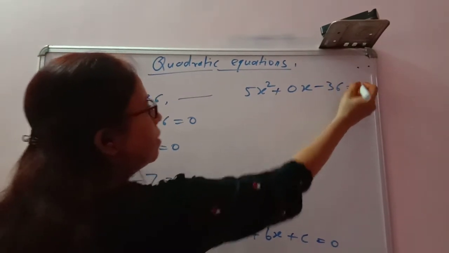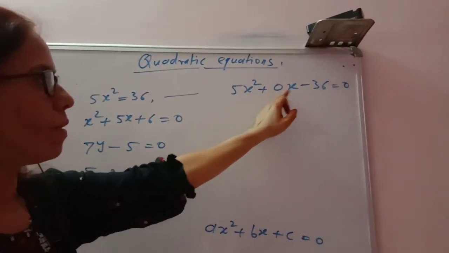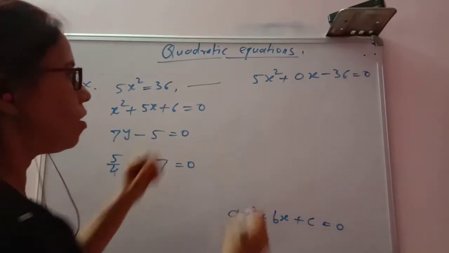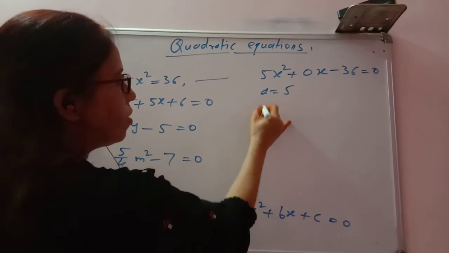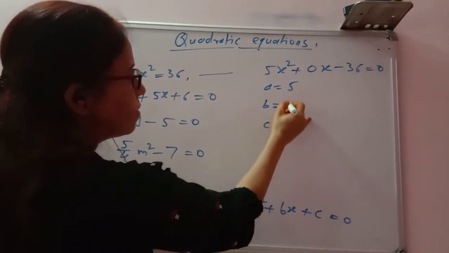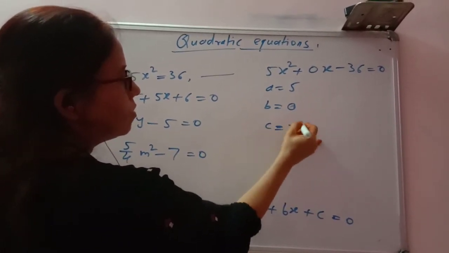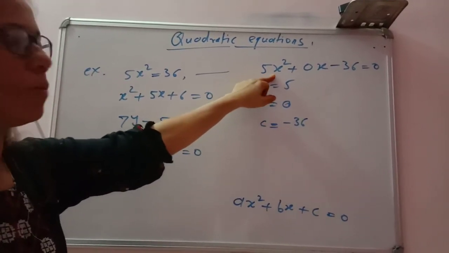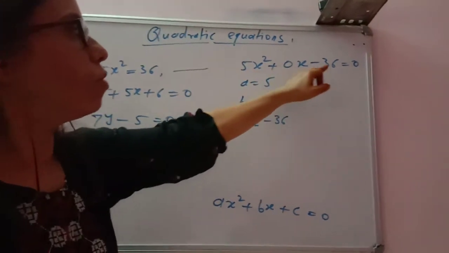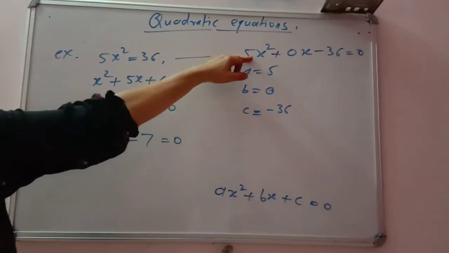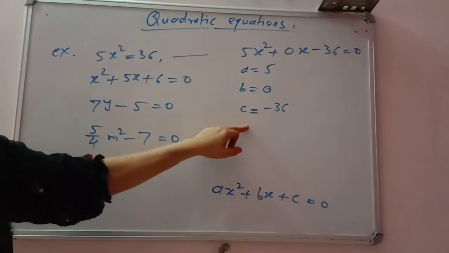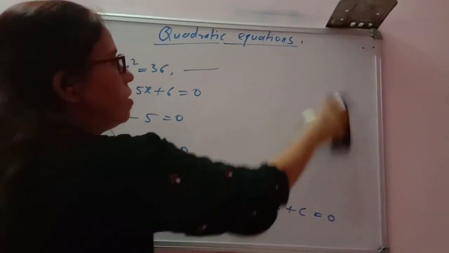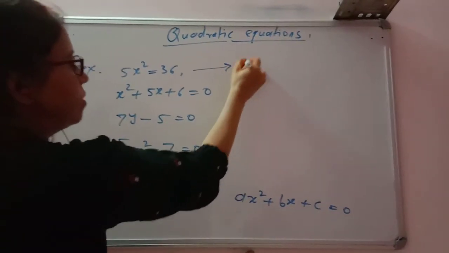Now it is ax square plus bx plus negative 36 equal to 0, where the value of a is 5, the value of b is 0, and the value of c is negative 36. The highest index of the variable is 2, and only one variable is there, and therefore it is a quadratic equation in one variable. So this first equation is a quadratic equation.